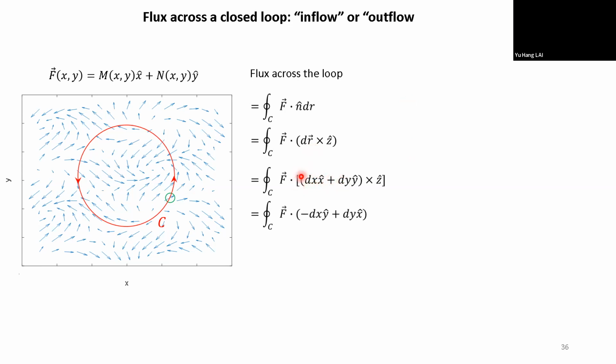Then you take the cross product with the z hat. The first term, x hat cross z hat, is minus y hat, and y hat cross z hat is x hat. So then you arrive at this expression here.